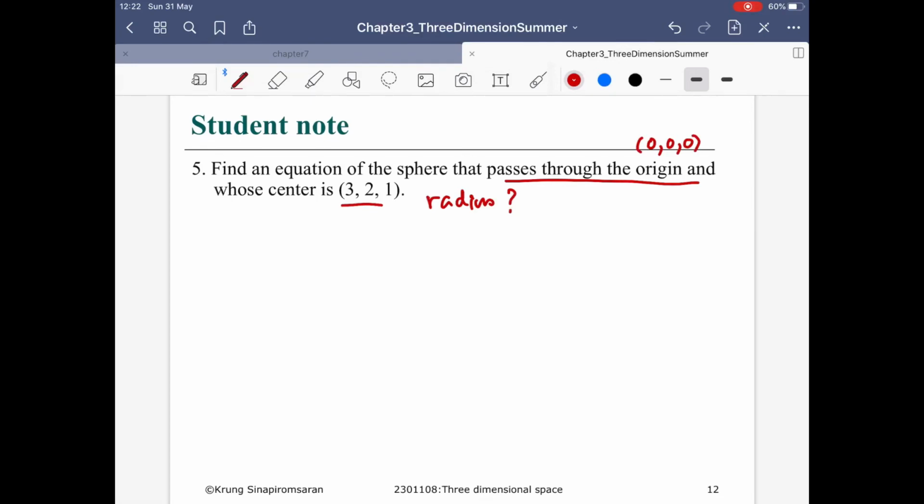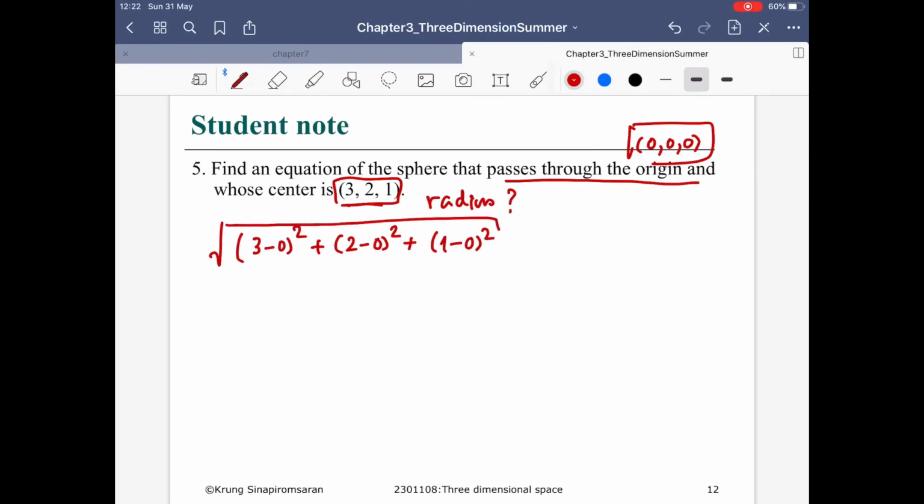So the distance between the center and the origin should be your radius. What you can do is find the square root of (3 minus 0) square, (2 minus 0) square, and (1 minus 0) square. This will be the radius.